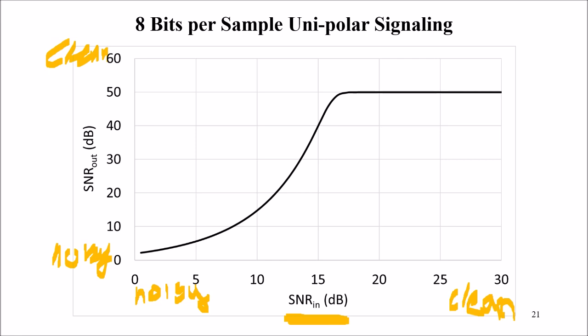And this is an interesting curve because it accounts for both factors involved in the error of a binary signal. If we have an input that's noisy down here at the bottom, that means there's lots of noise power compared to the signal power. We get bit errors.